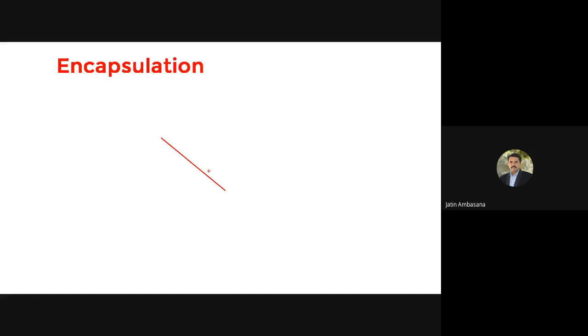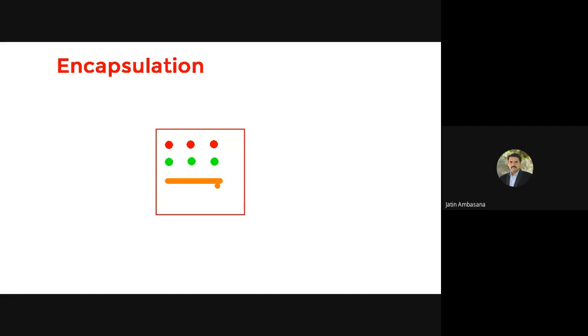For example, you have a class, and in this class you have, let's say, variables, and let's suppose that there are other types of variables also. And you also have the methods.